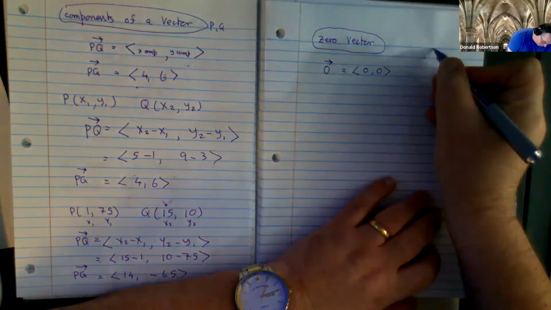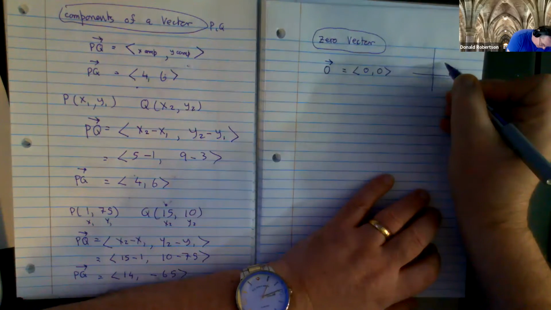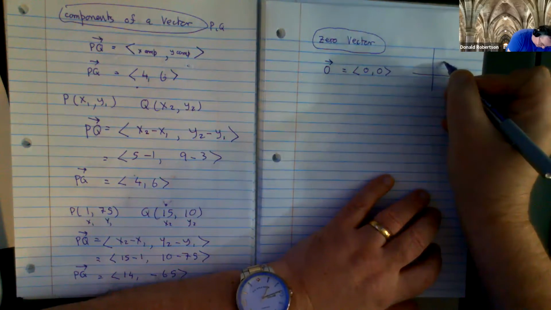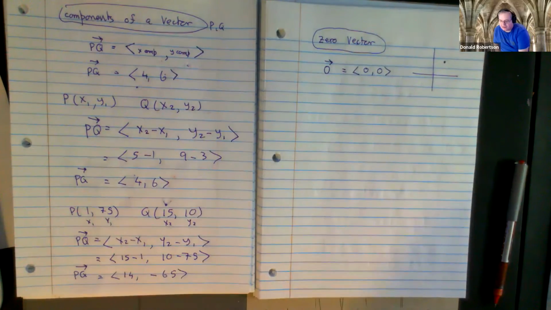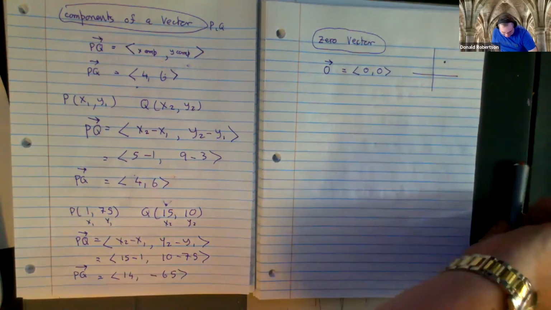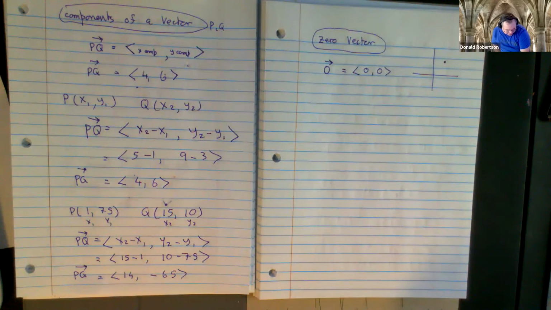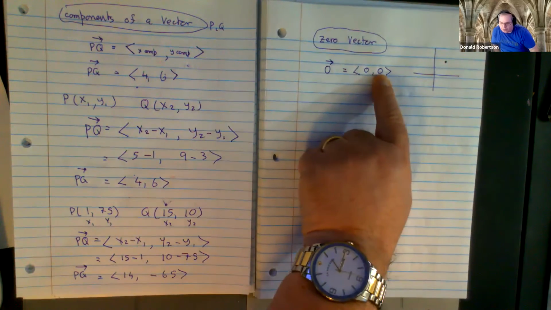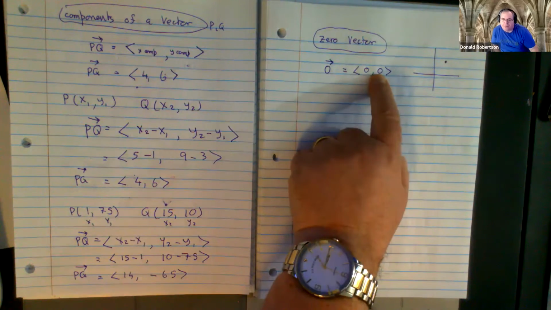If I try to draw a sketch of the zero vector, starting anywhere I liked, wouldn't you just get a single dot? Because the vector would start where you like, go 0 in the x direction and 0 in the y direction. In other words, don't move. So the zero vector is a very special vector: there is no movement and the components are both 0.